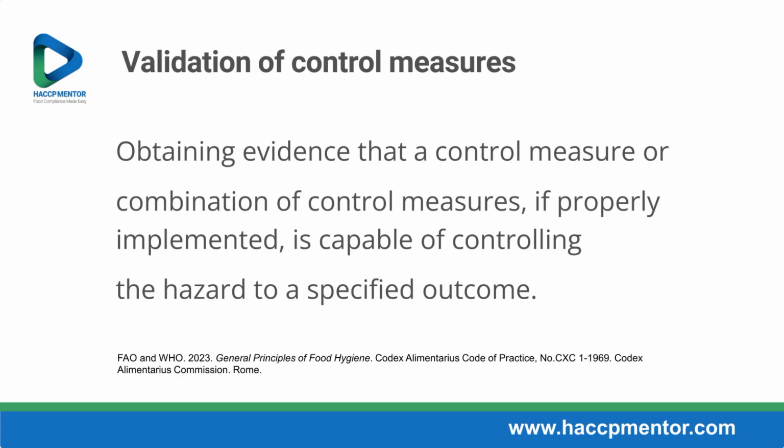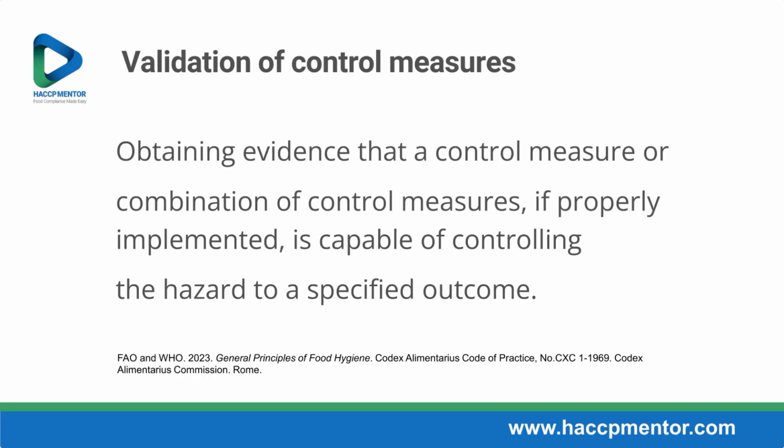I do have a link to it there as well. So Codex defines validation of control measures as obtaining evidence that a control measure or combination of control measures, if properly implemented, is capable of controlling the hazard to a specified outcome.